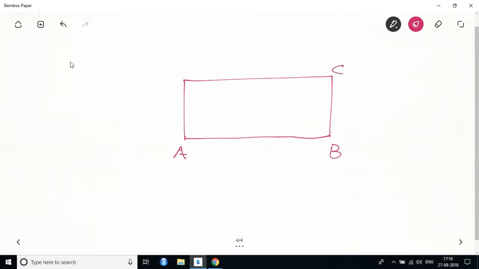So it has been told that ABCD is a rectangle in which, so I have ABCD, which is a rectangle. I'm solving a question in which ABCD is a rectangle, in which diagonal AC bisects angle A and angle C both.